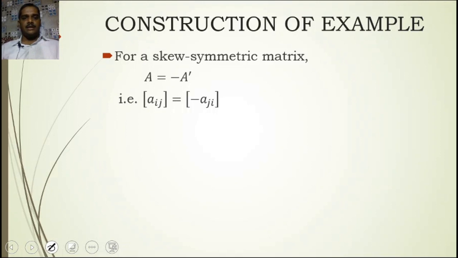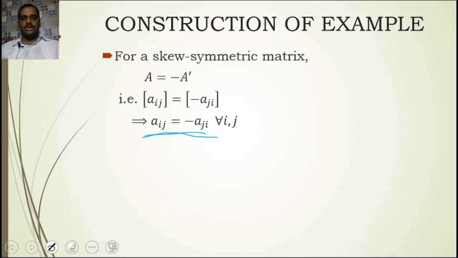We are talking about equality of two matrices, and since A is a square matrix, A transpose will also be a square matrix of the same order, so we need not worry about whether the orders are the same. The equality of matrices will give you aij equals minus of aji for all i and j. For each i and j, this condition will hold.